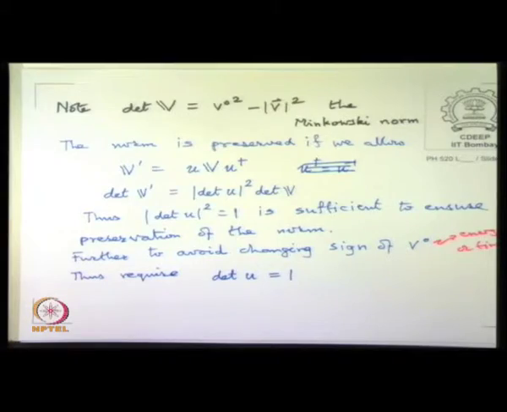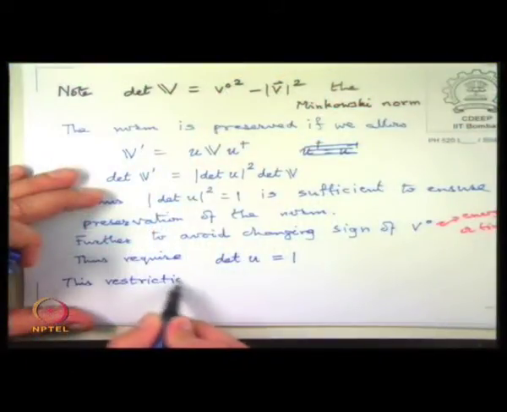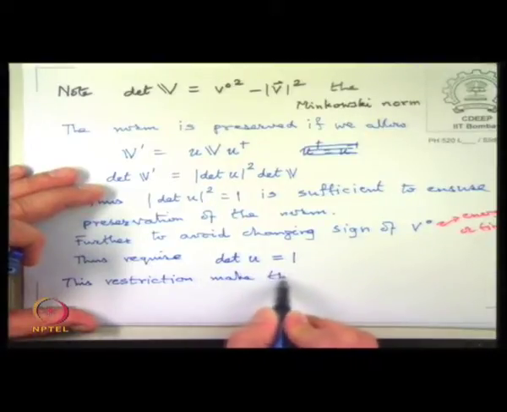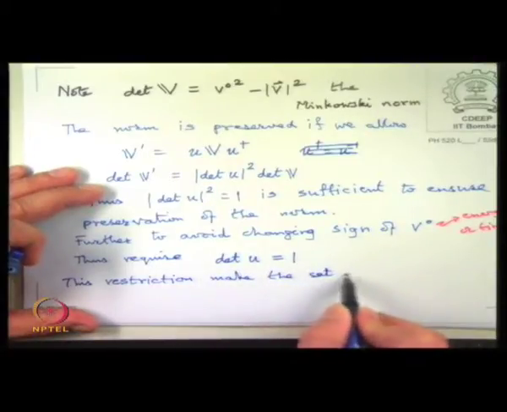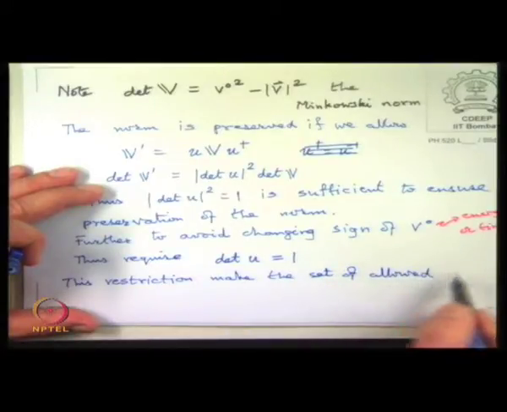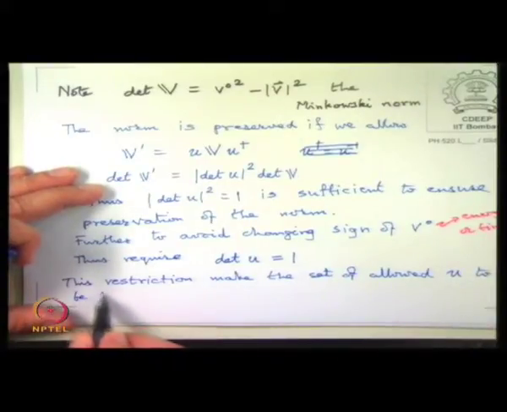This is called the special linear group, the subgroup of GL(2,C). It makes the set of allowed u to be in SL(2,C).